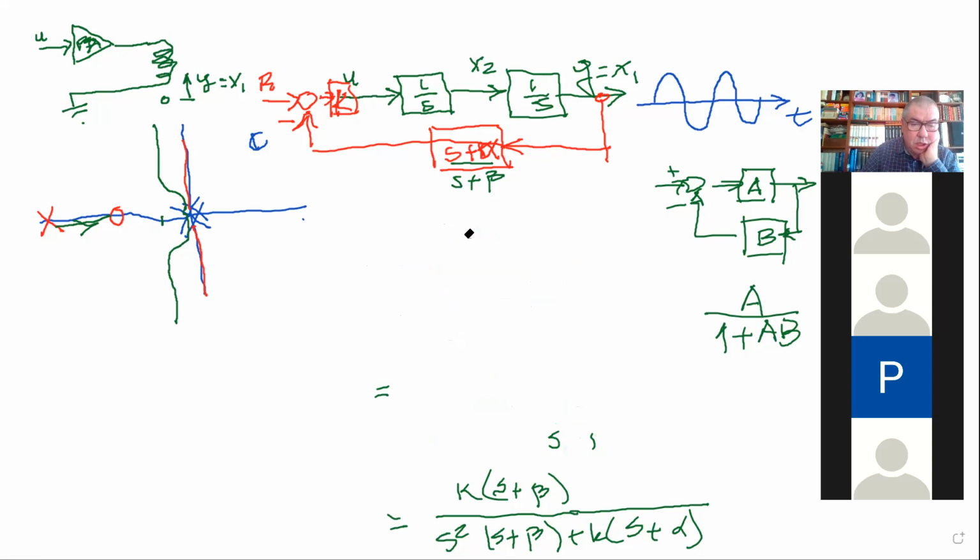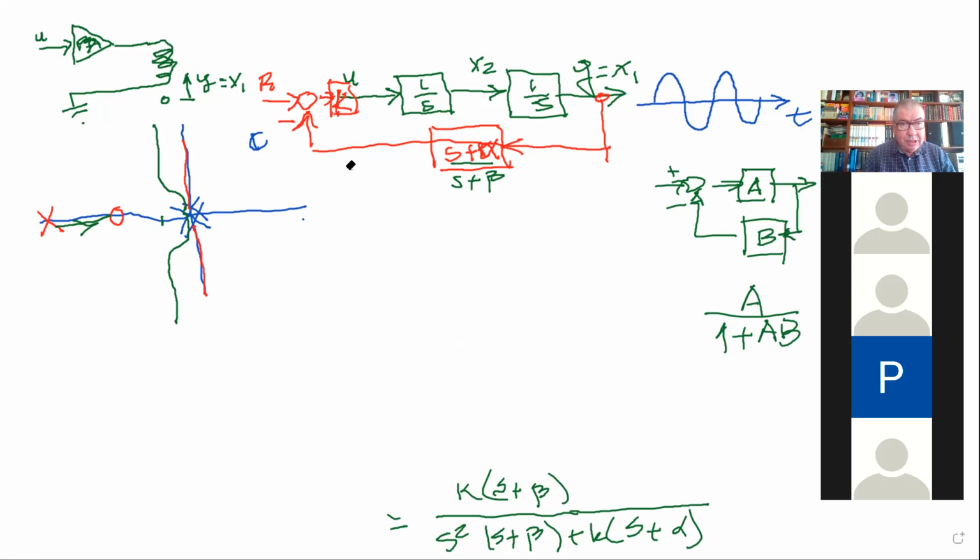Can I ask a question? Why did you put the S plus alpha on the closed loop part to create that 0? You can place it on the closed loop or in the open loop. As you see, if you place it in the return function, the 0 will not be present in the closed loop function.